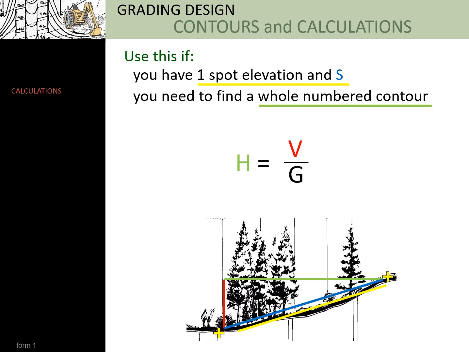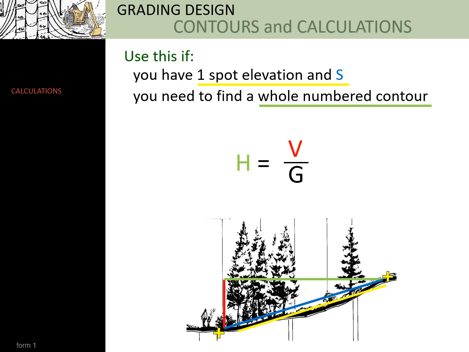So here is an example of where we would use this formula, H equals V over G. In this case, we know one of the spot elevations, we know the slope, and we need to find out where the next whole numbered contour is located on the plan.